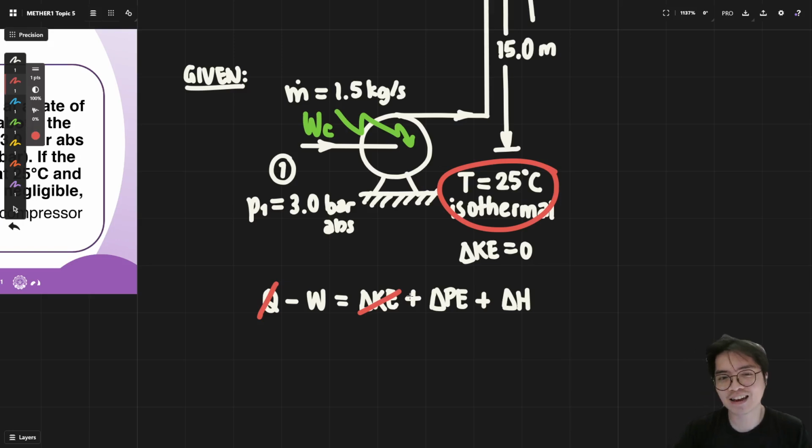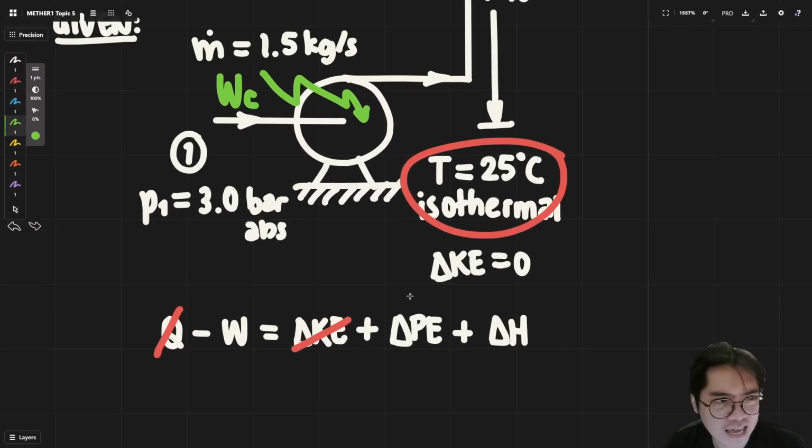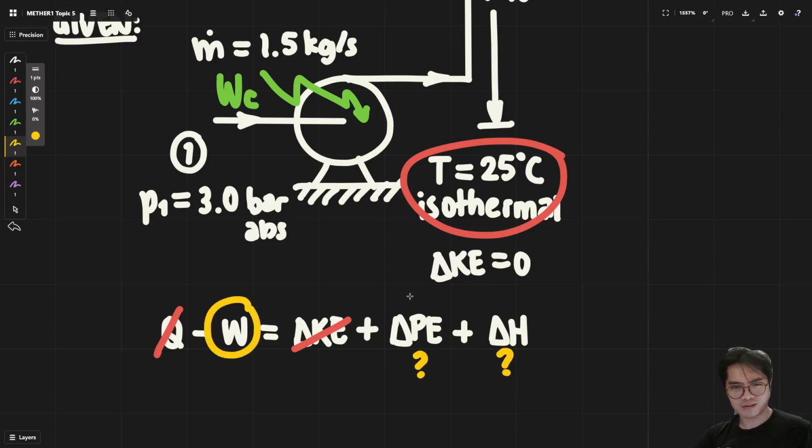Okay? And then now what's going to happen? Now you're going to see this work of compression, you're going to have to compute it using PE and H. And now you're saying, wait a second, why can't we just use your W, your steady flow work for an isothermal process?